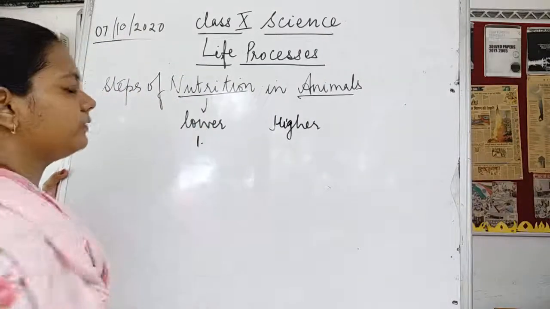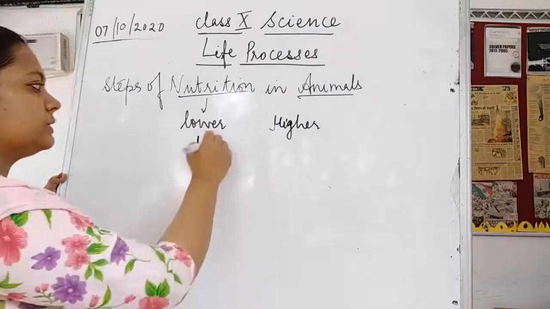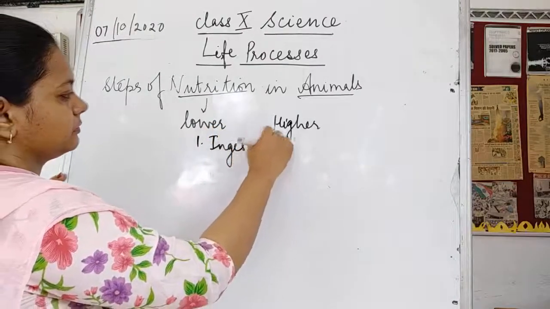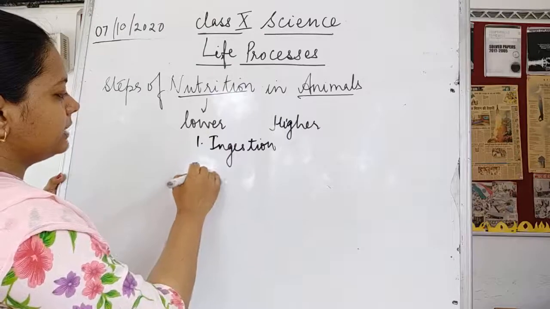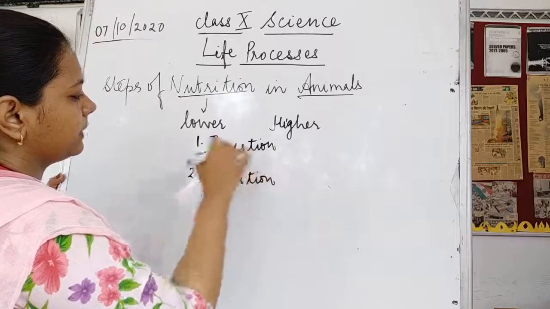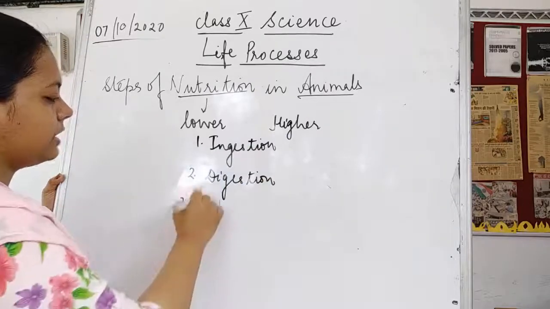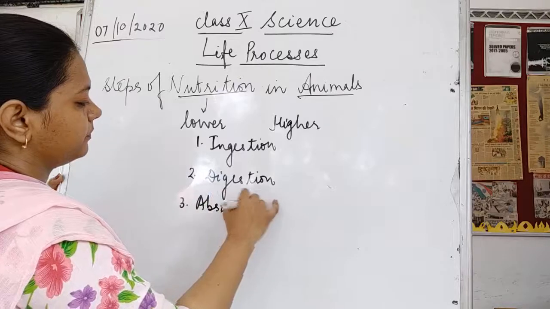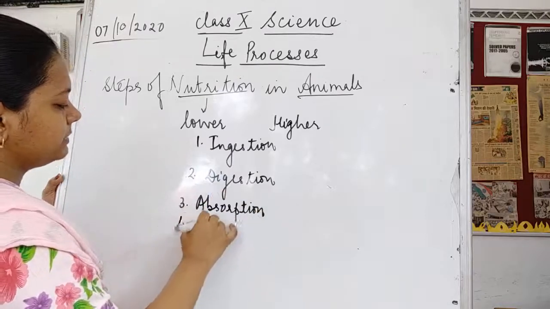So what are the steps of nutrition? The first one is ingestion. The second step is digestion. The third step is absorption. The fourth step is assimilation.